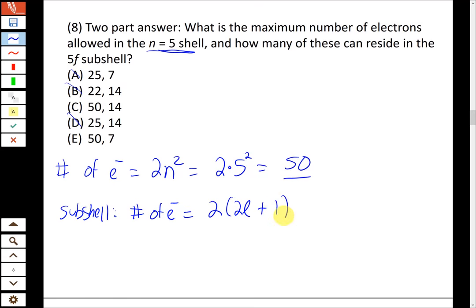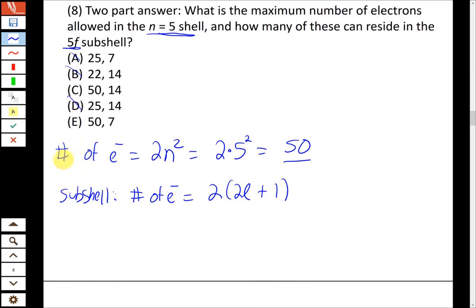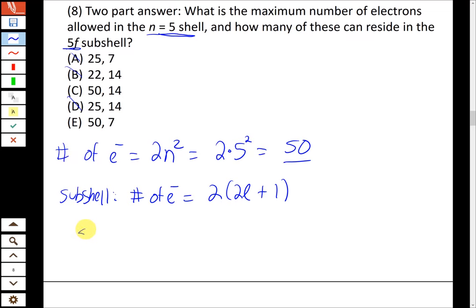Now here we're not given a numerical value of L, but remember that anytime we label a subshell with a number and a letter, the number is the n value, and the letter corresponds to what the L value is. So the different values of L we can have are 0, 1, 2, 3, 4, and so on. The letters that correspond to those are s, p, d, f, and then after that it is alphabetical.